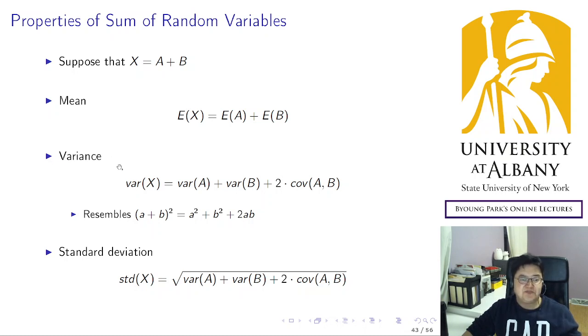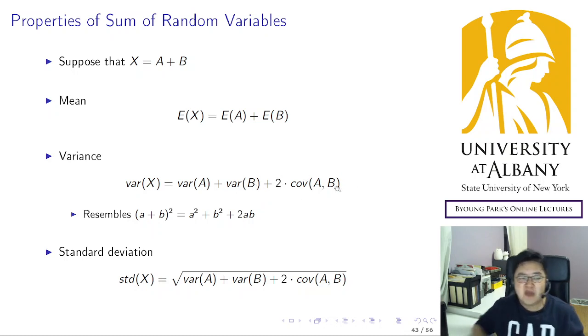Variance is not simply addition. So you may have expected variance of A plus B equals variance of A plus variance of B. But here is an additional annoying term coming up here. And it's not simple, it is 2 times covariance.